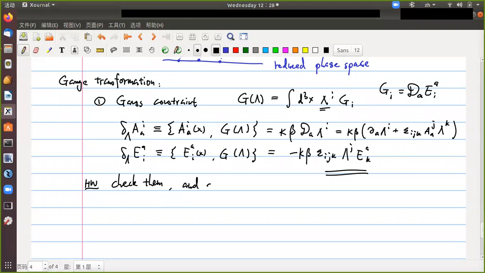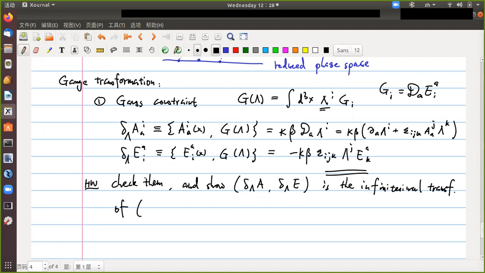And show that this δ_λ A and δ_λ E are the infinitesimal versions of the standard gauge transformation in gauge theory, the infinitesimal version of the finite gauge transformation of A and E. So here now A and E are matrices.